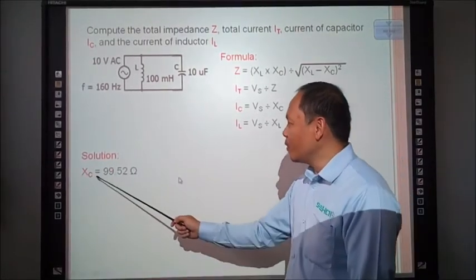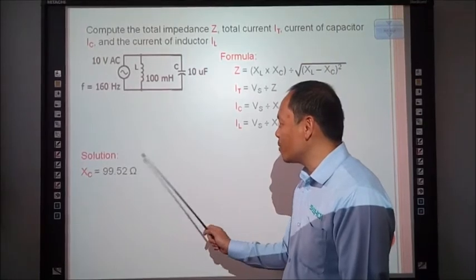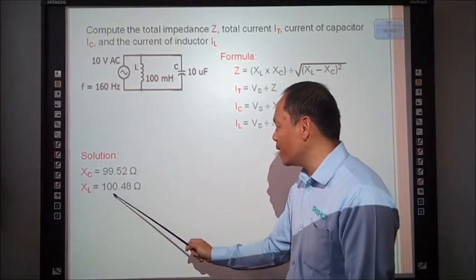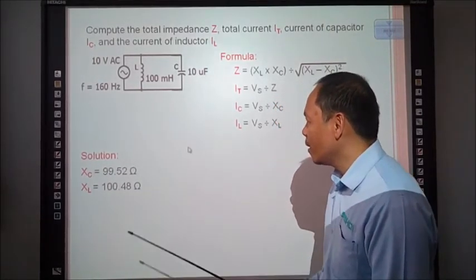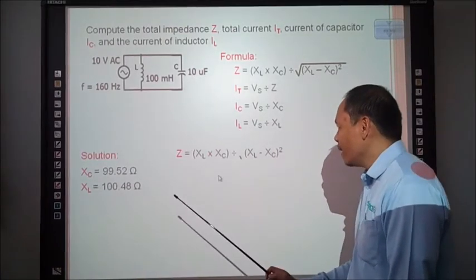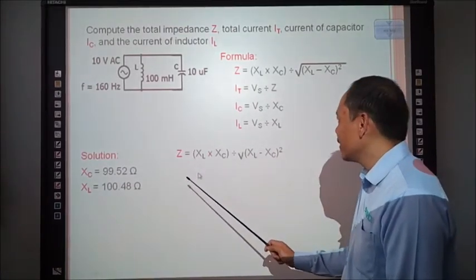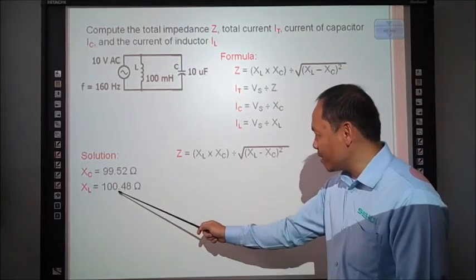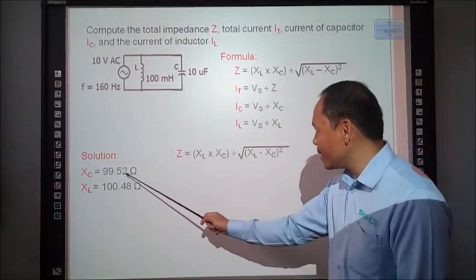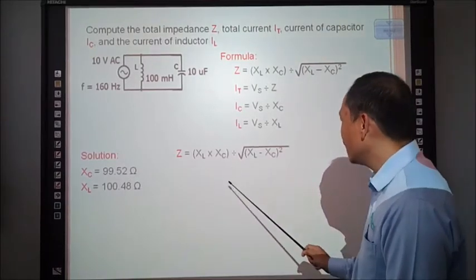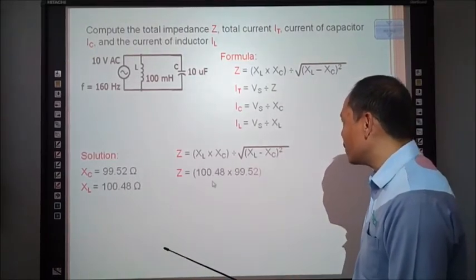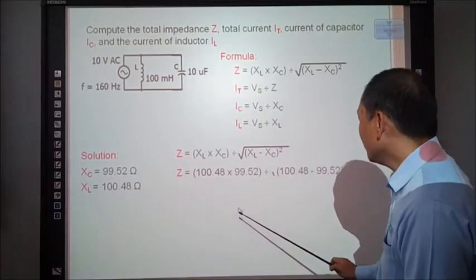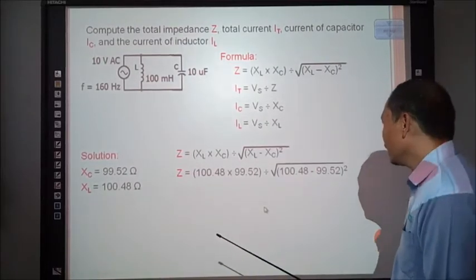Solution. This is the value of your XC, 99.52 ohms, and the value of XL is 100.48 ohms. So let's solve the impedance. Substitute the values of XL and XC.